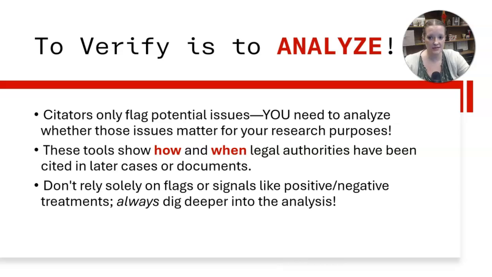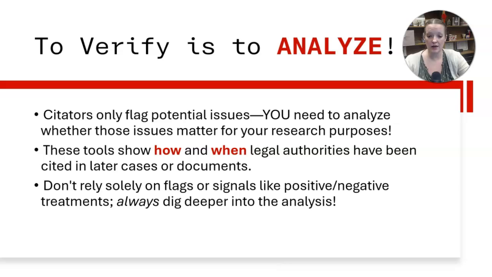So again, these citators, they're flagging issues for you, but you must analyze them to determine the sources that are relevant for your research purposes, okay? We talked about how citators help you analyze when and how authorities have been cited in later cases or documents, right? Quantitative and qualitative information.